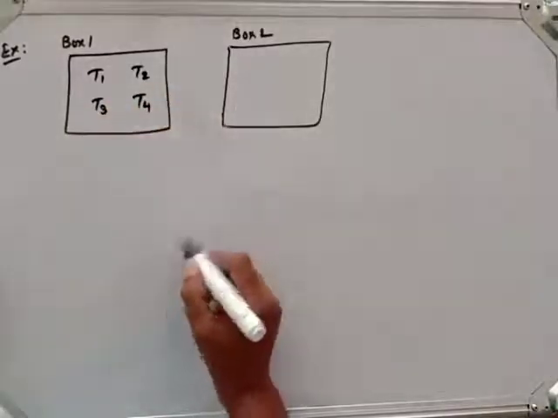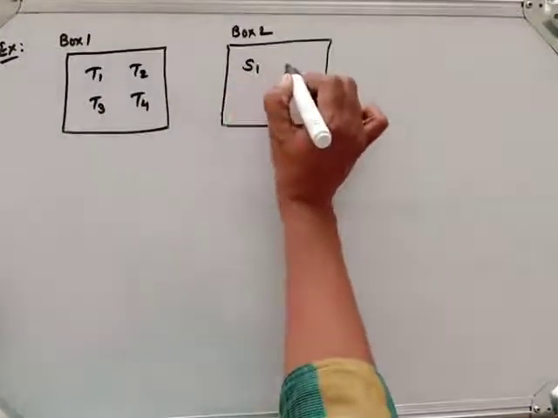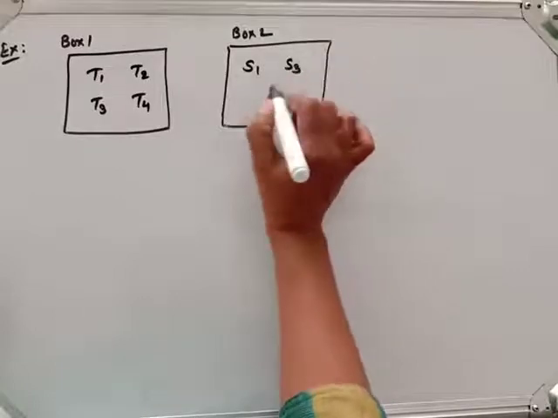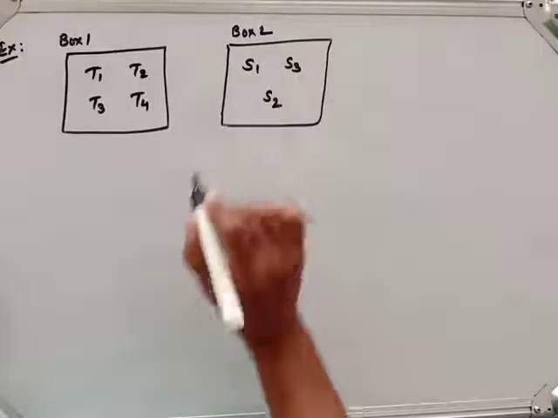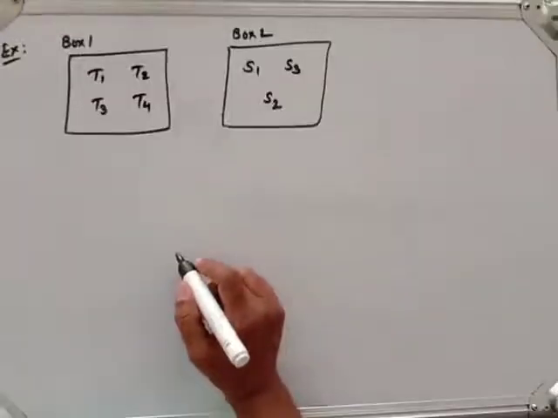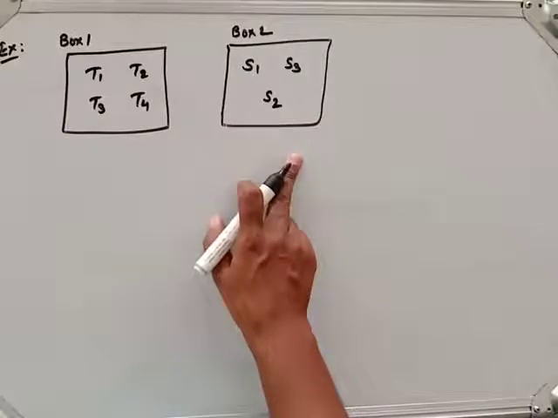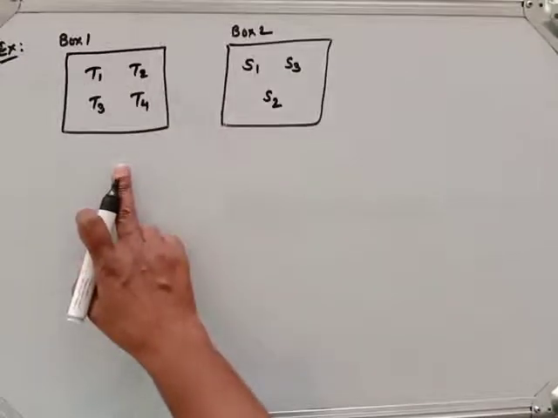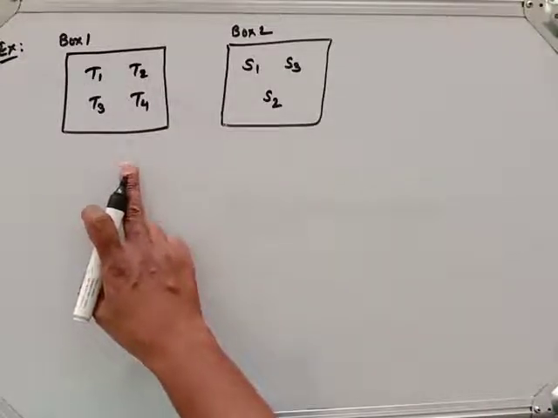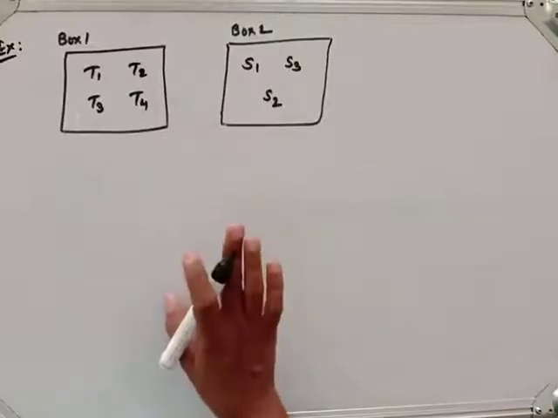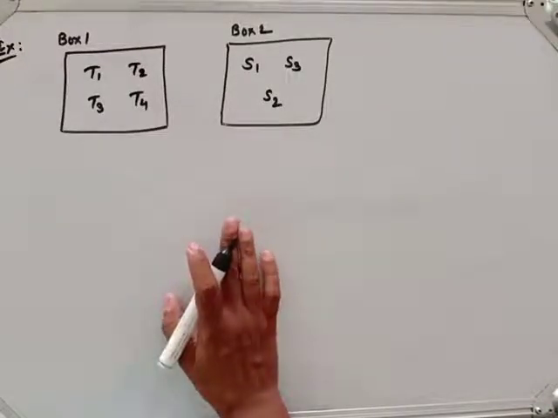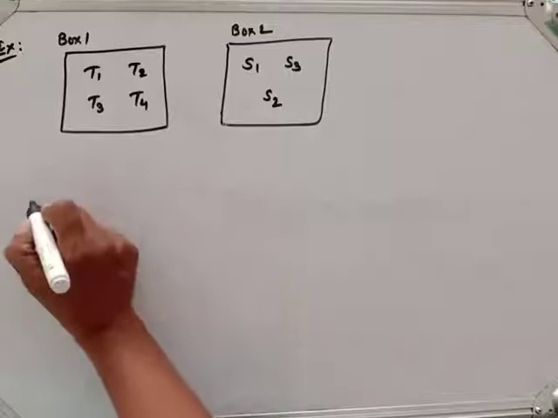And in box 2 suppose 3 objects, S1, S2 and S3. Now again we have to draw 2 objects, but one from this box and another from this box. That means we have to draw one object from each box.